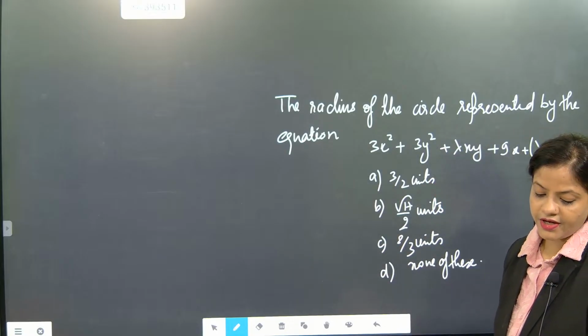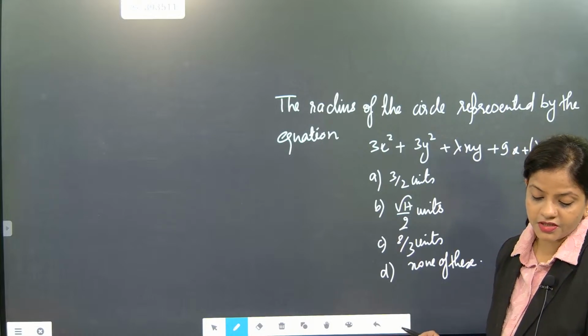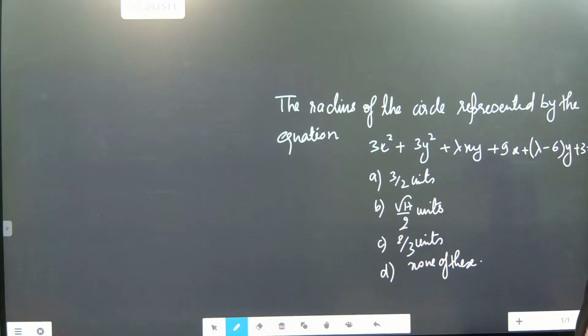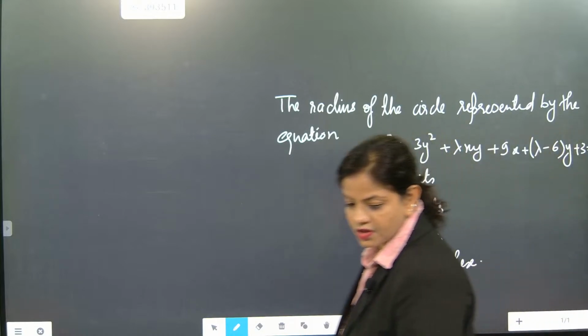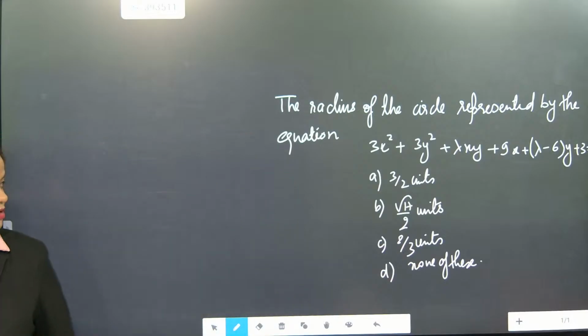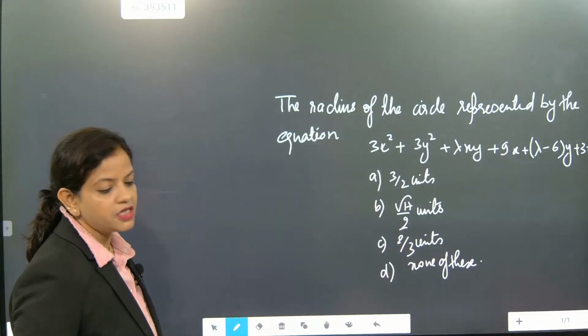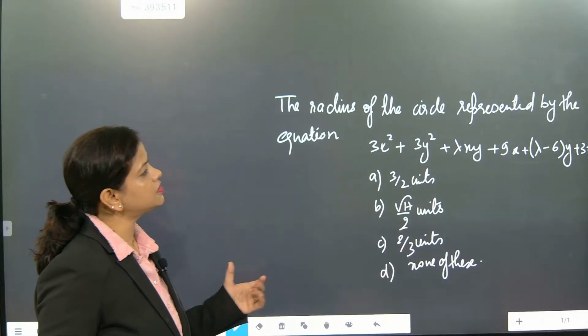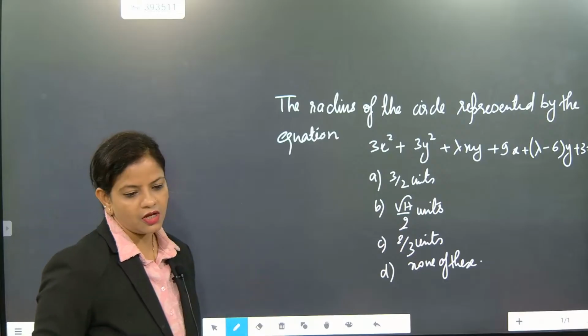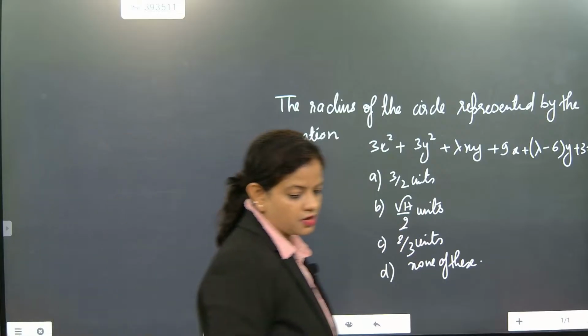You need to find the radius. Try to get the radius and center of circle. Come on, go for it. Solve. The radius of the circle represented by the equation. How to get the radius of the circle?